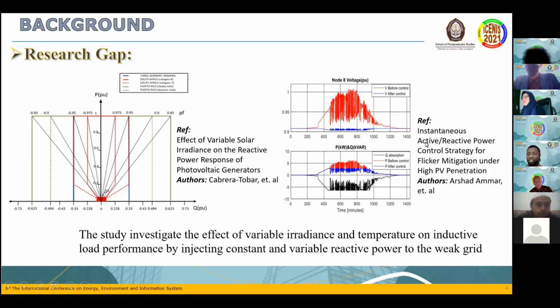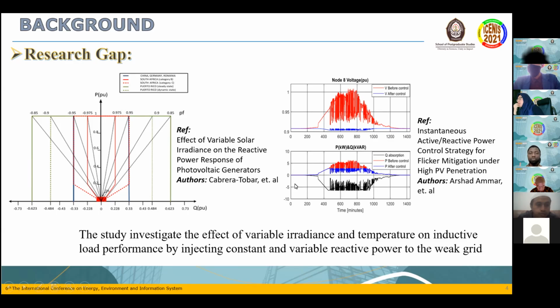The second research here is focusing on maintaining the voltage flicker on the grid when there is a high penetration of PV during the day, the peak hours, by constraining the active power and controlling the reactive power constantly to maintain the voltage flicker.